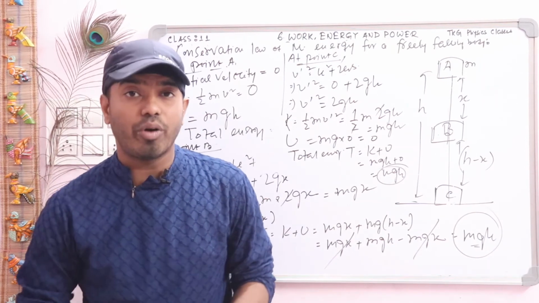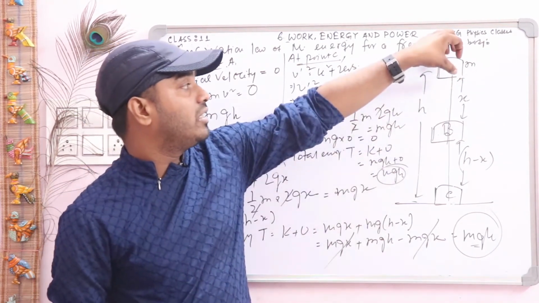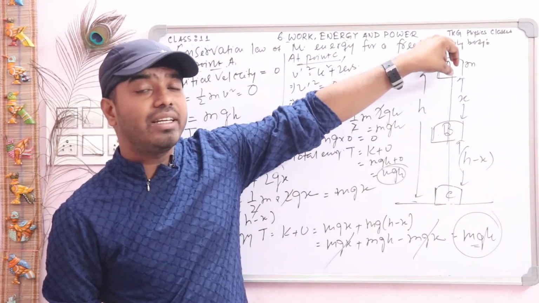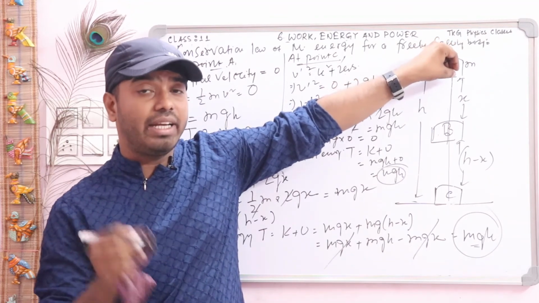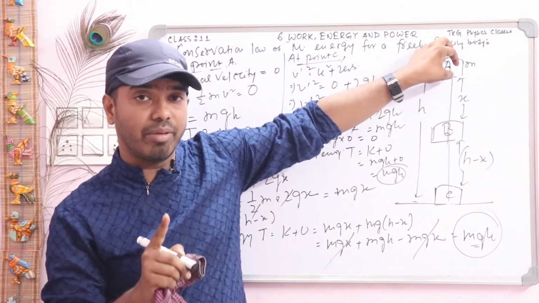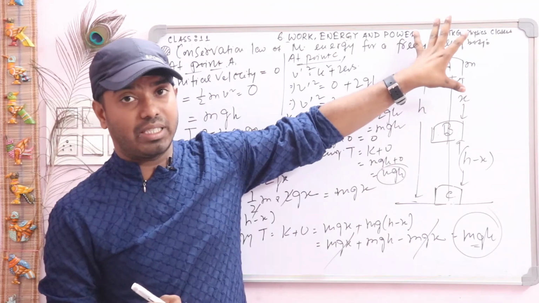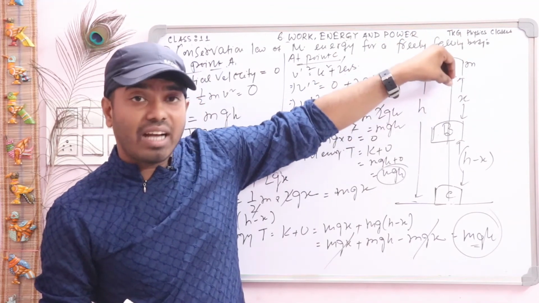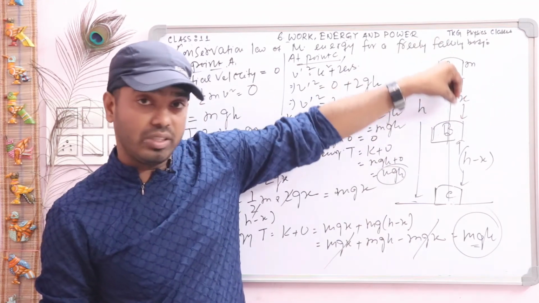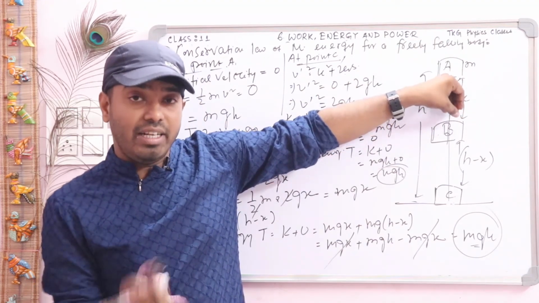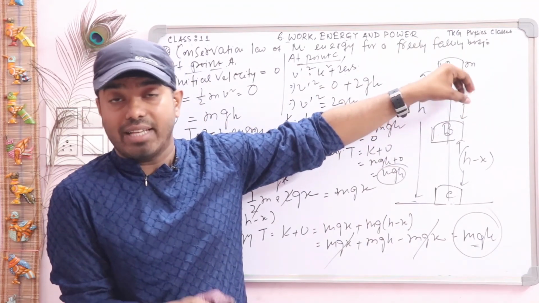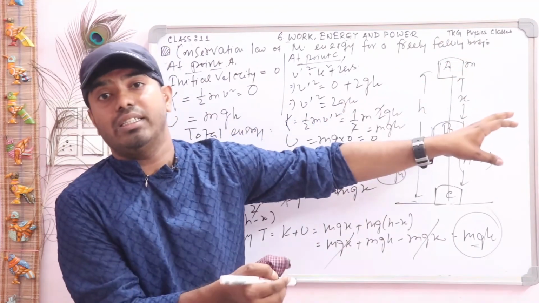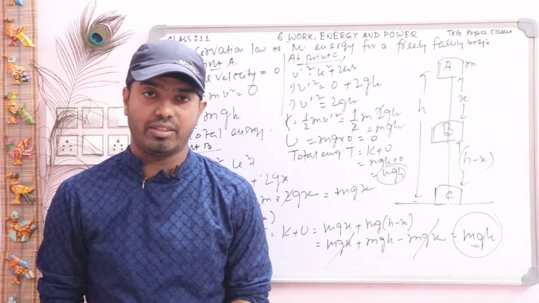When a body is falling from a height, initially the kinetic energy is 0, that is the kinetic energy is minimum, but the potential energy is maximum. As the body falls, its kinetic energy increases because its velocity increases. Similarly, its potential energy decreases. As a result, the sum of kinetic energy and potential energy remains constant.